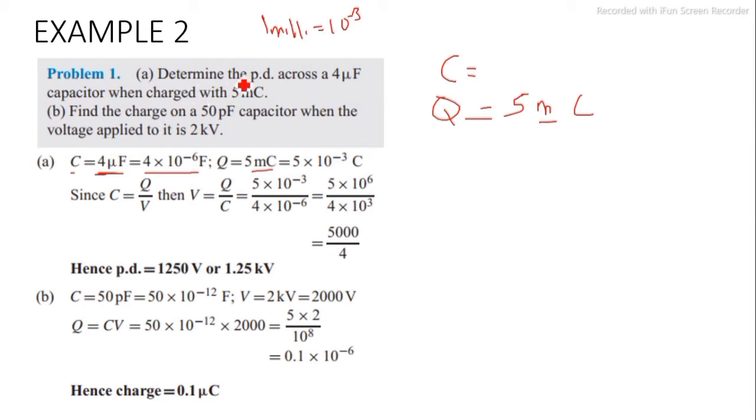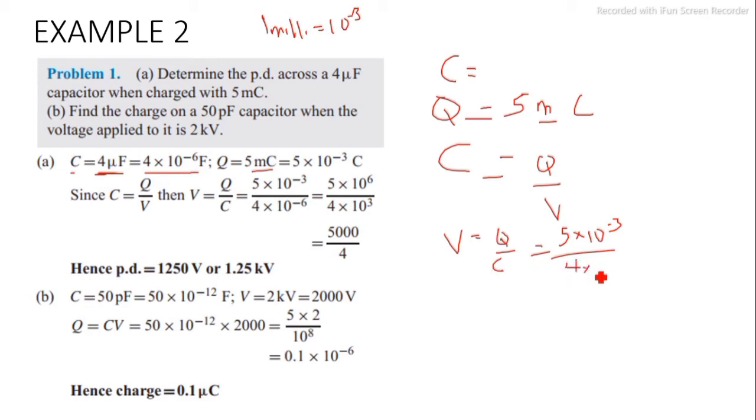You have to determine the potential difference. You know that capacitance is Q over V, so making voltage the subject of the formula, the voltage is Q over C. The charge is 5 times 10 per minus 3, and the capacitance is 4 times 10 per minus 6.